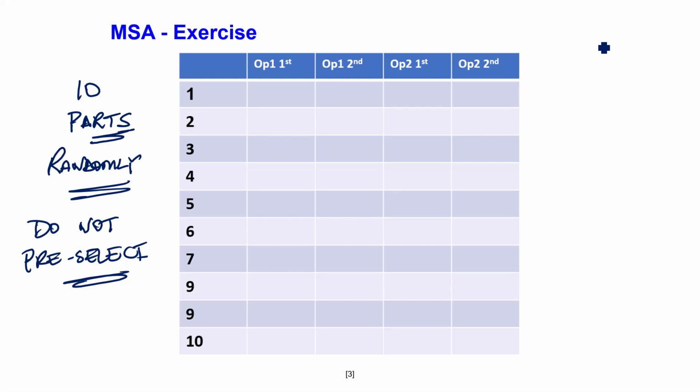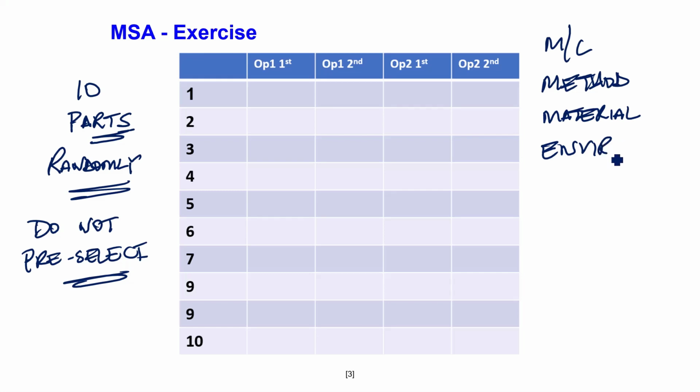So a measurement system is made up of the machine, the method, the component or material that you're measuring, the environment that you are in, and the person who is conducting the test.